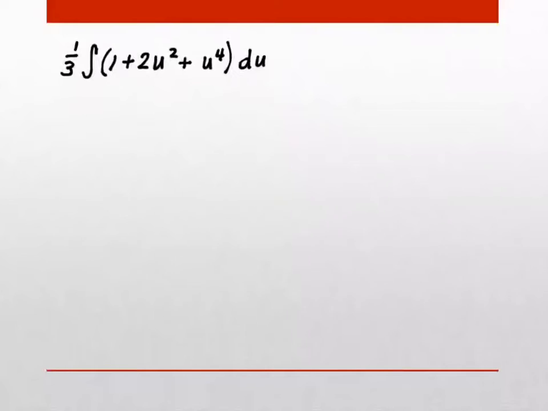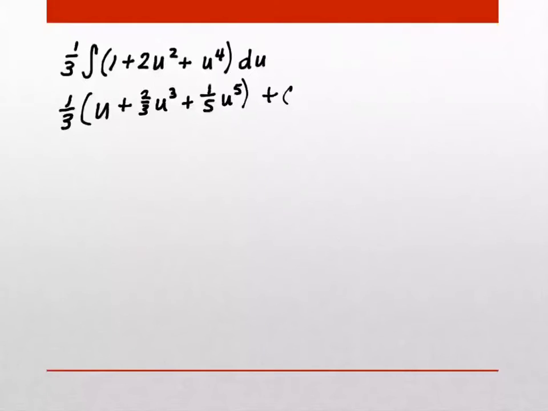Okay, antiderivative time. What do you get? 1/3 times u plus 2/3 u cubed plus 1/5 u to the fifth. Yep, plus c. But what was u? Careful.